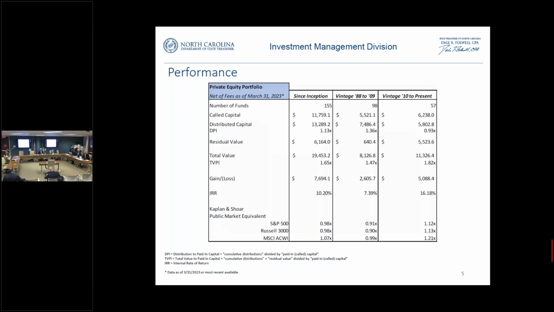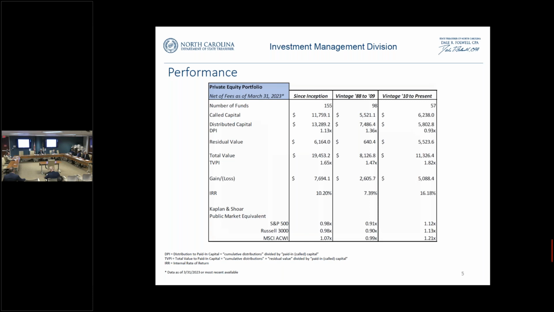If the number was one to one, that means we did not outperform the public markets. If it was less than one, we underperformed, and above one, it's greater. As you can see, we're about at one for the S&P, and the Russell and the MSCI were a little bit above at about 1.07.